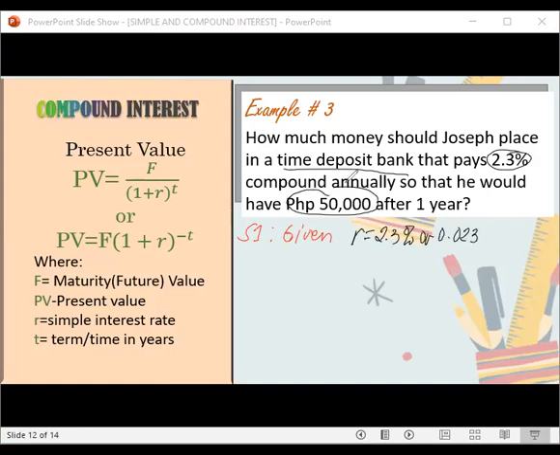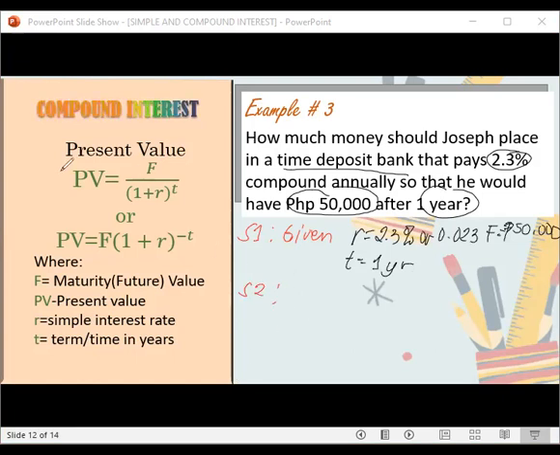So, ibig sabihin, yung 50,000 natin, siya yung future value. Siya yung gusto nating makuha, 50,000 after 1 year. Next is the time. Siyempre, itong 1 year. So, step number 2 is apply sa ating formula.